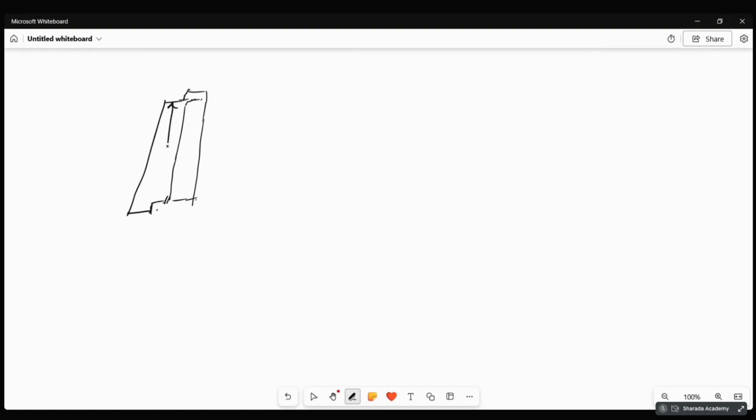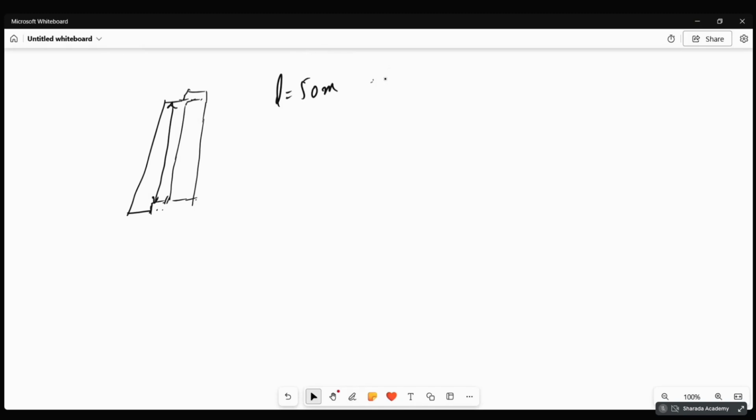So the length of the step for each one will be the same, that is equal to 50 meters. And the height of each step is also given the same, that is 1 by 4.